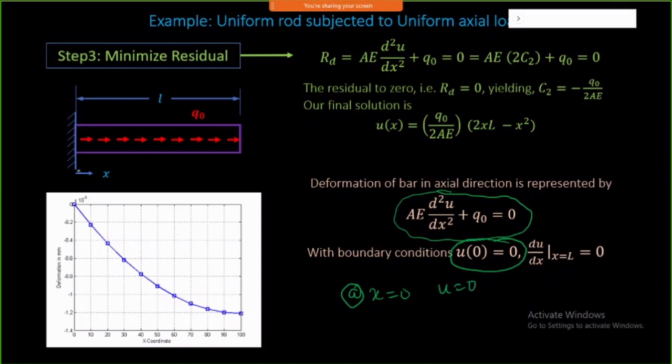And the second boundary condition, du by dx, the slope of your equation, is 0 at distance L. So if you take a tangent of this particular curve at this location, it is exactly horizontal, which is nothing but the slope, and this is satisfied by the second boundary condition.